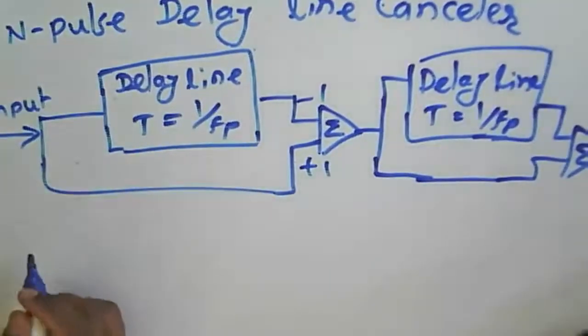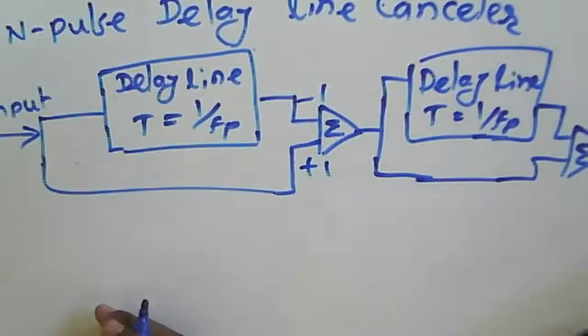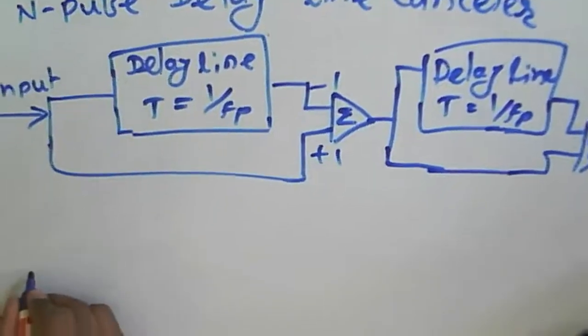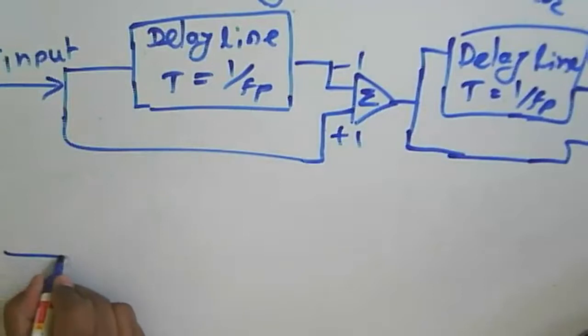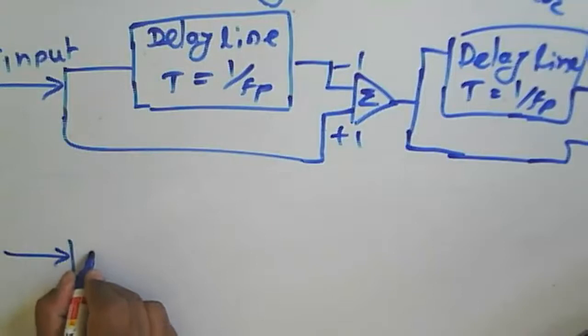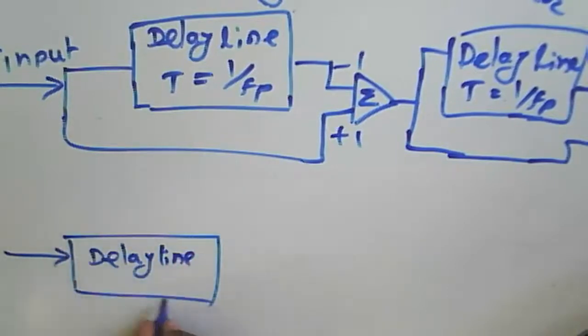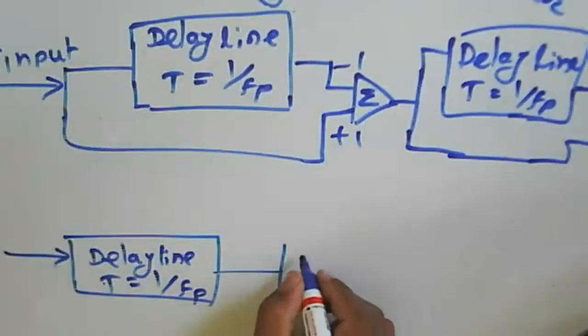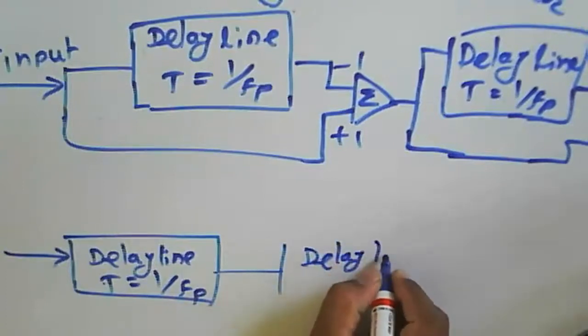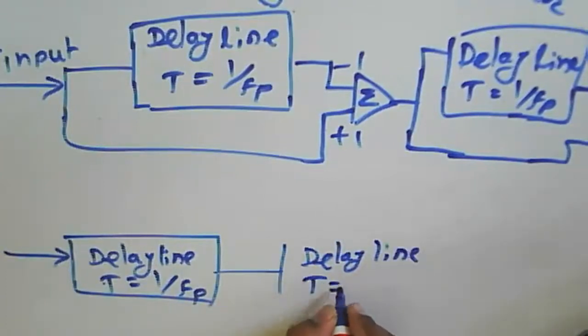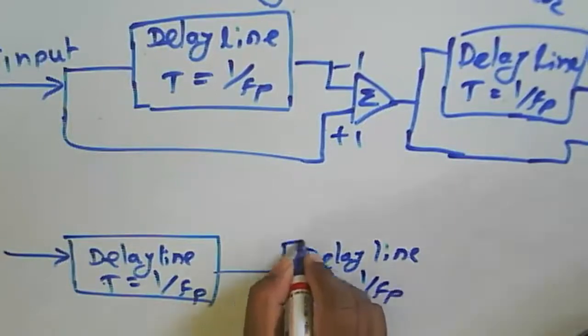Now if we have a three pulse canceller, what will it be? We consider the input, and for the input we use a delay line where T is equal to 1 by fp.